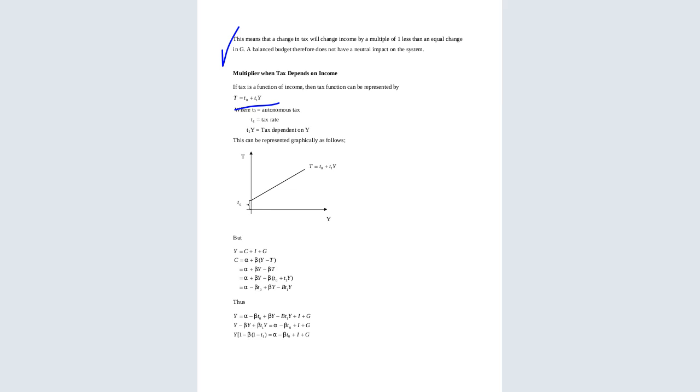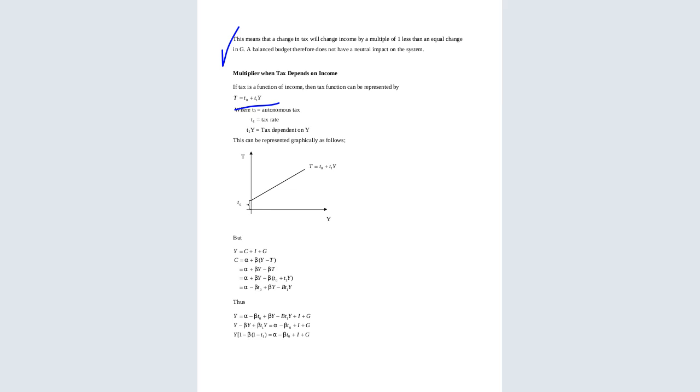Now, in this case, we have our national income given as consumption plus investment plus government expenditure. But consumption is made up of the autonomous consumption plus the induced consumption. The induced consumption depends on disposable income. Now we want to get our disposable income.